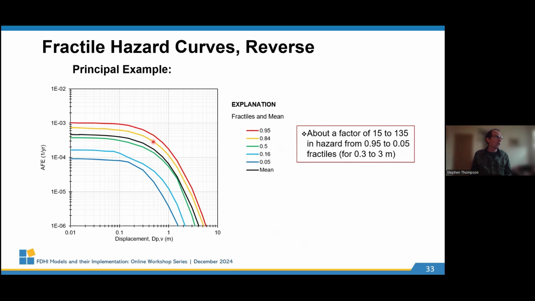And that's for the displacement range of 0.3 to 3 meters. And so the refinements that we're getting from the fault displacement model improvements are lost to some degree in the PFDHA because of our ignorance in the rate of ruptures that we expect on these very poorly characterized faults.